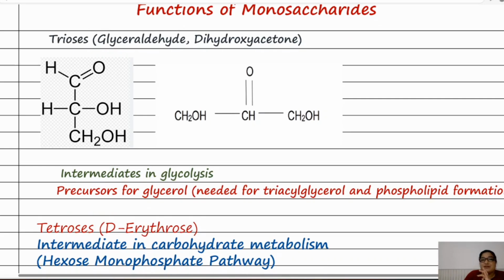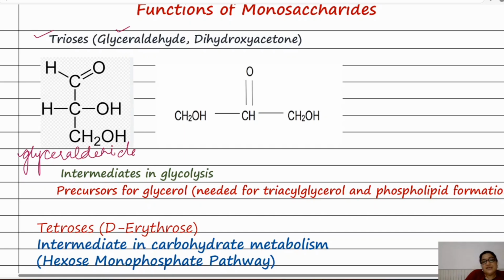We will start from the trioses. In trioses there are 3 carbon atoms. One is glyceraldehyde, an aldo sugar, and another is dihydroxyacetone, the keto sugar. This is the structure of glyceraldehyde.